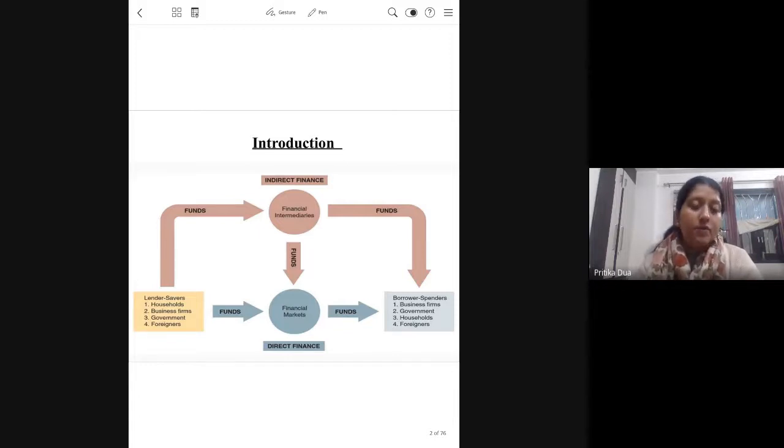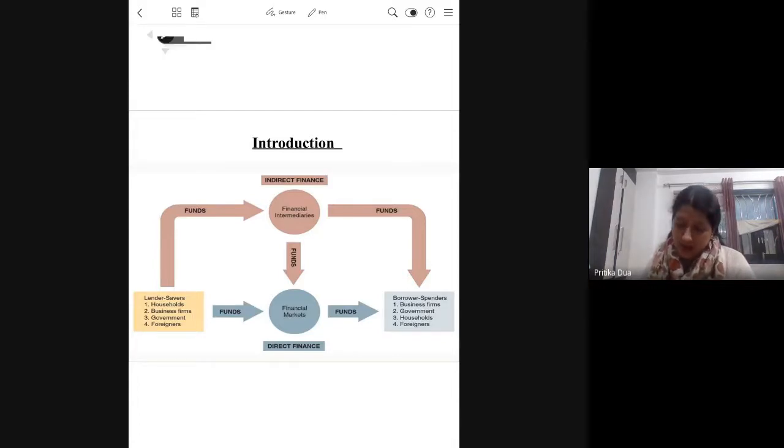So, if you have a look at the graphical representation in this slide, you see that there are two broad units in the financial system.